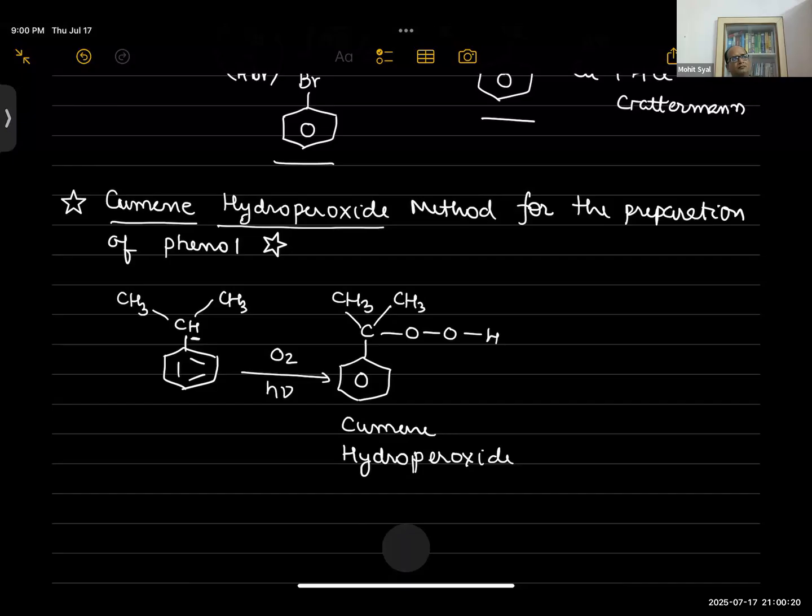Cumene is isopropyl benzene, with two methyl groups and one CH, so isopropyl and benzene. If we oxidize it in the presence of light, we get cumene hydroperoxide. Peroxide has an O-O single bond, with hydrogen and cumene on either side of that peroxide. Got it? Marwa, is it clear?